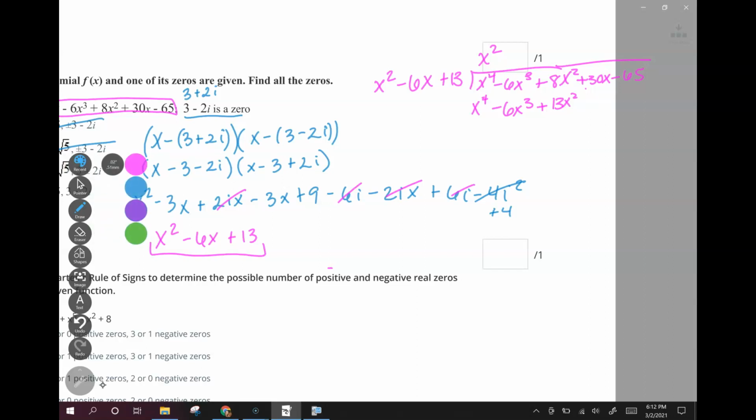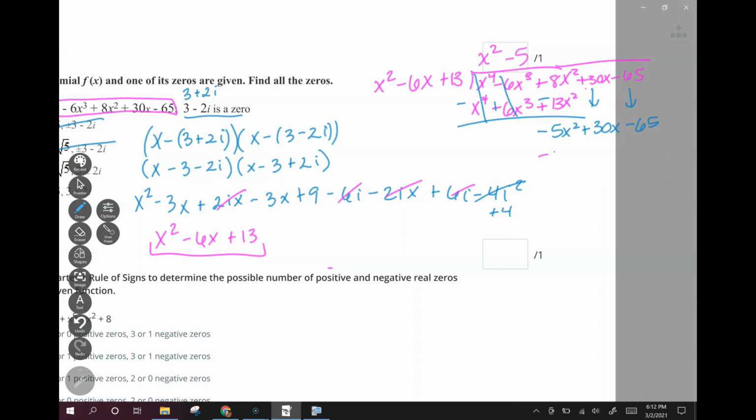And then we will subtract. Okay, so this cancels. 8 minus 13 is negative 5. Bring that down. And bring down the negative 65. When two terms cancel, you bring two terms down. Okay, do that again. So negative 5x squared divided by x squared is negative 5. Multiply.